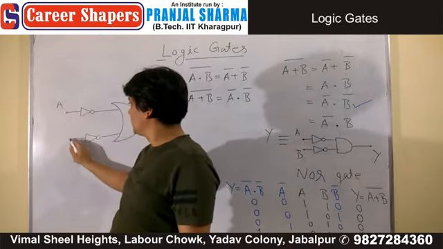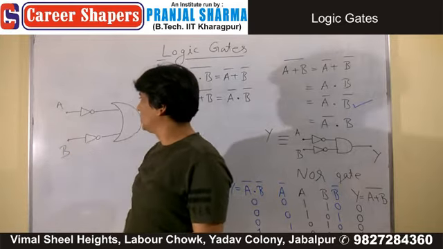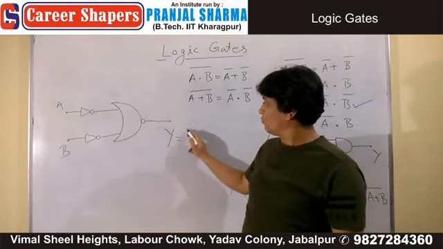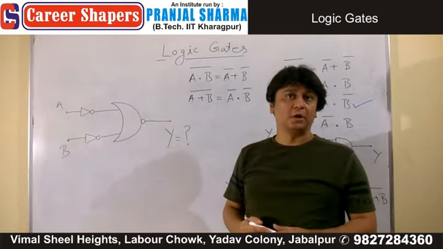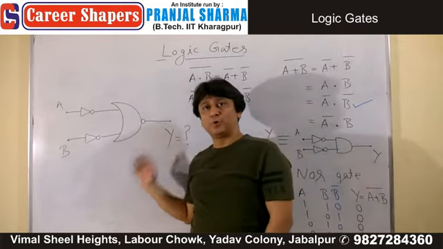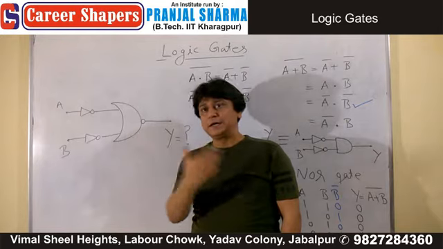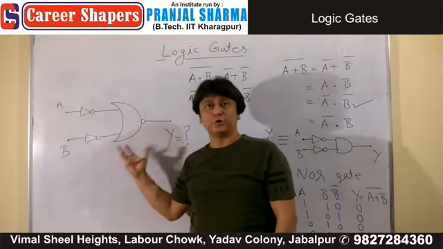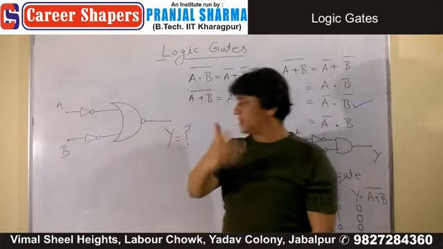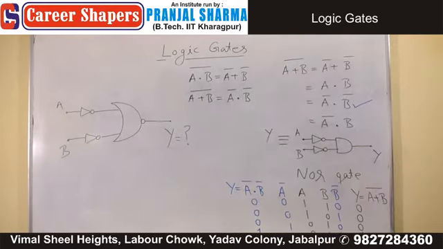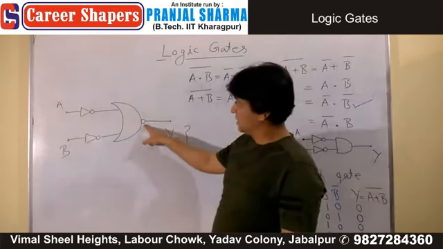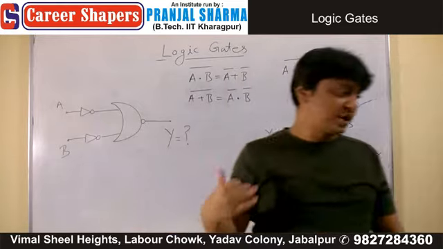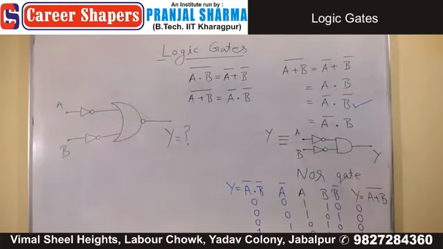This is A, this is B. Write down the output, or tell me which gate you see. It should not take more than 30 seconds. Remember, which gate do you see, or write down the value of Y.